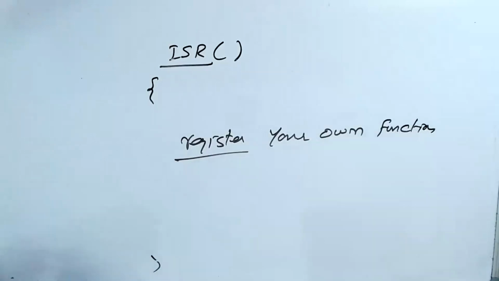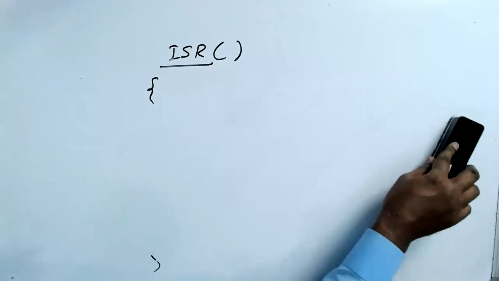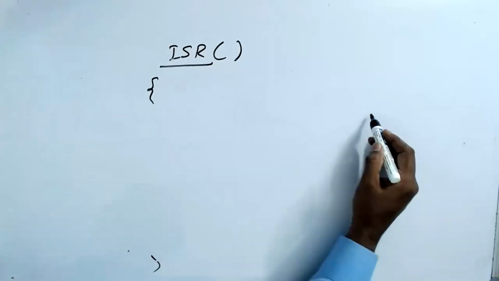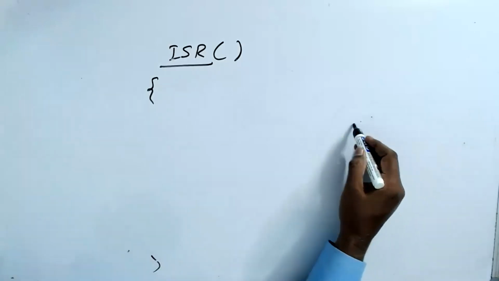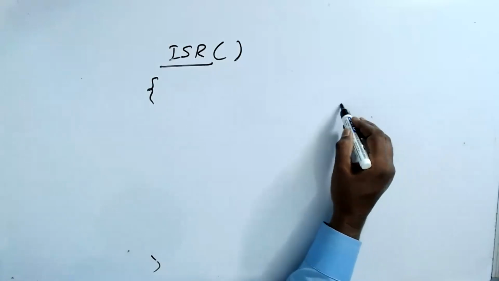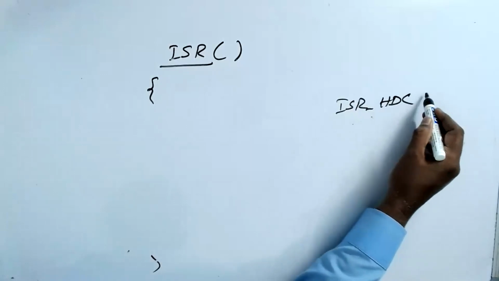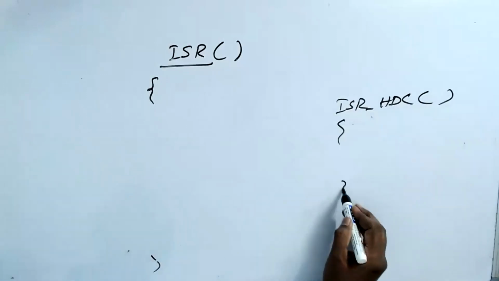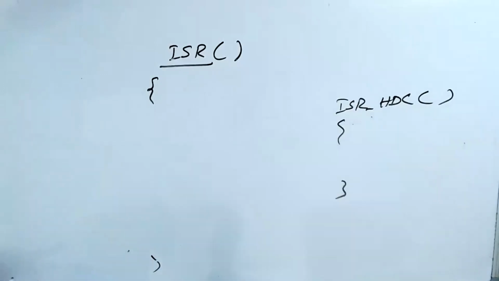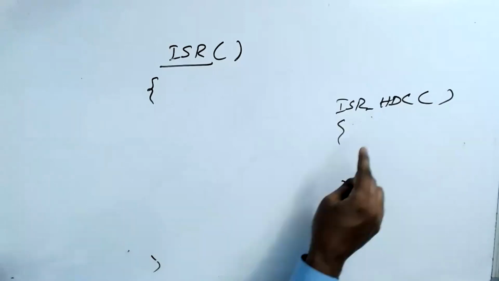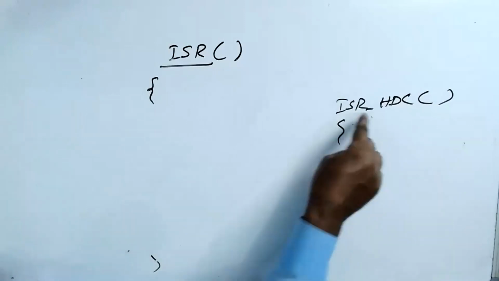How to do that? Let us say you write a function, say ISR HDC. After compilation, it will be put in memory and you get some address.